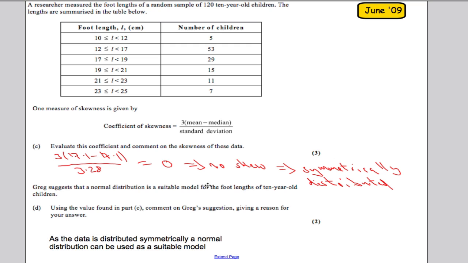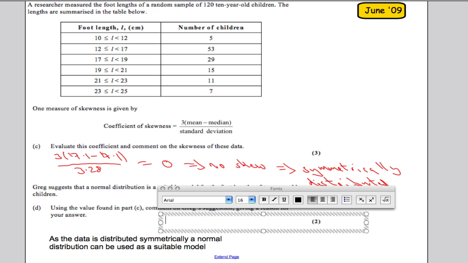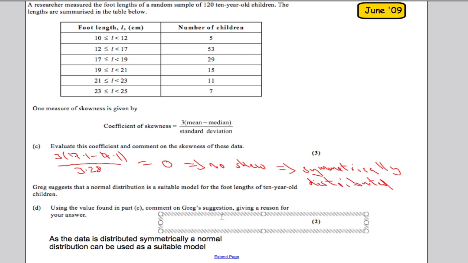So because the data is symmetric, normal distribution is useful here.